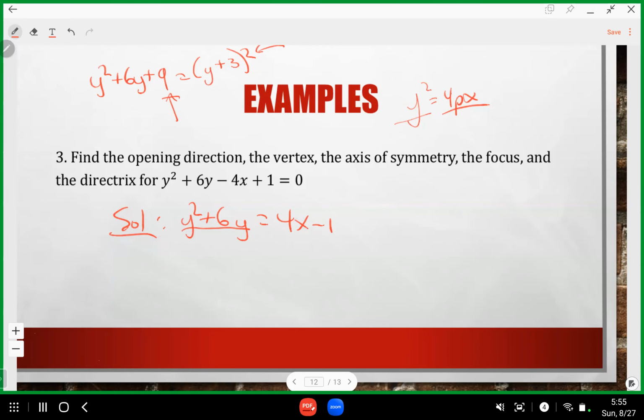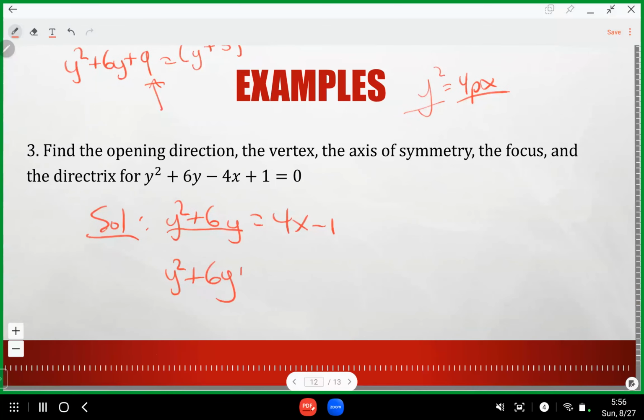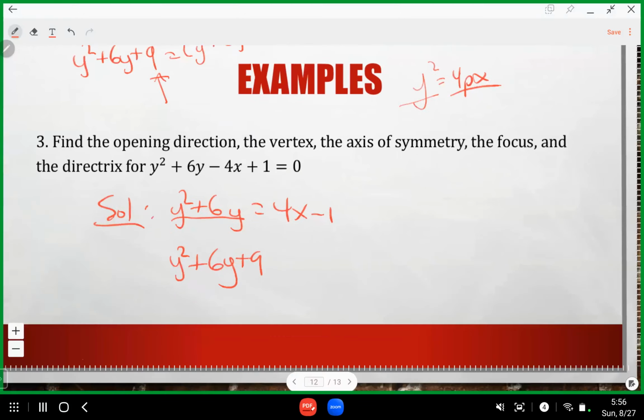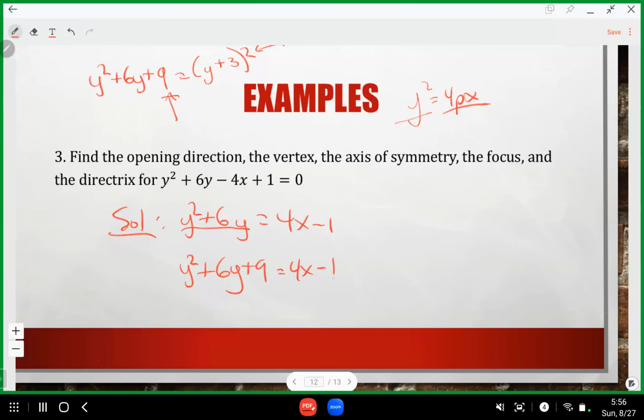We have to half the 6y and then square it. That's right. But how do we get it into this equation? We add 9 here.